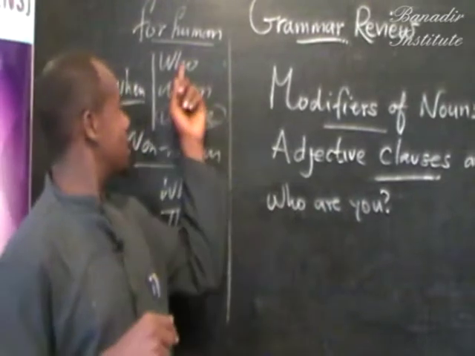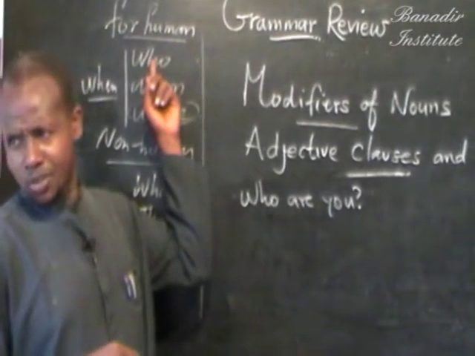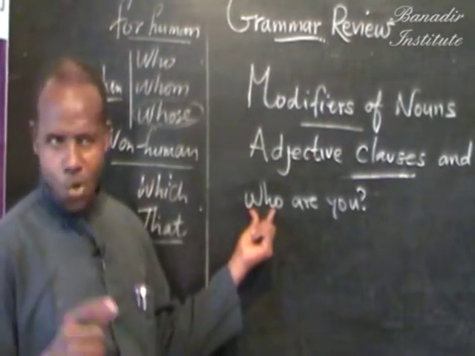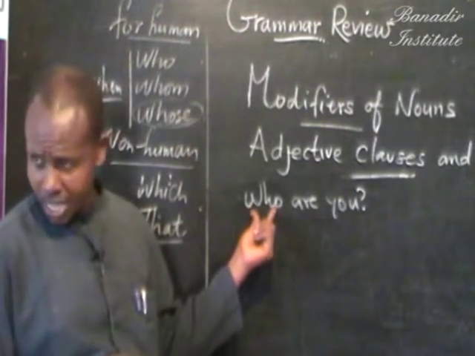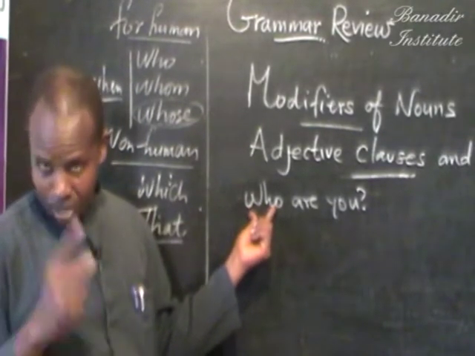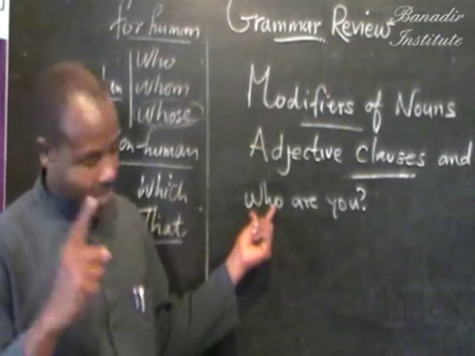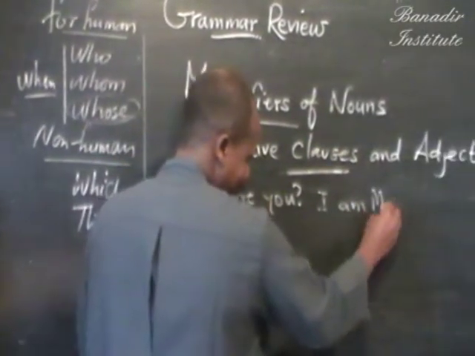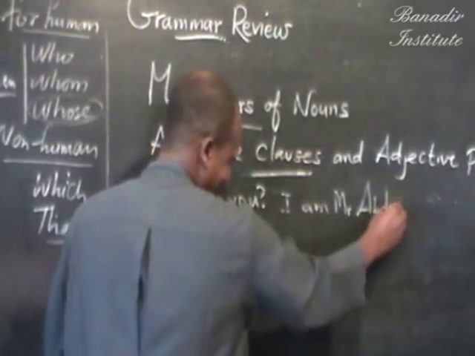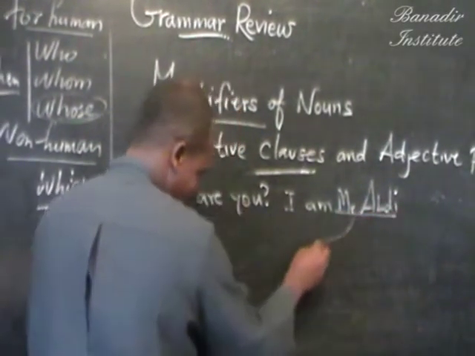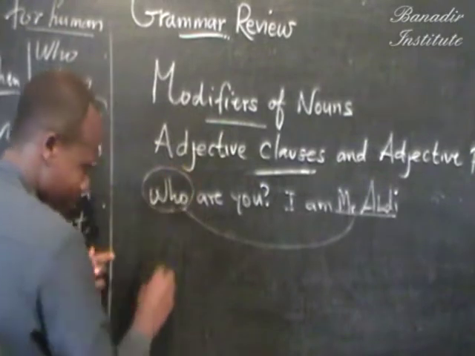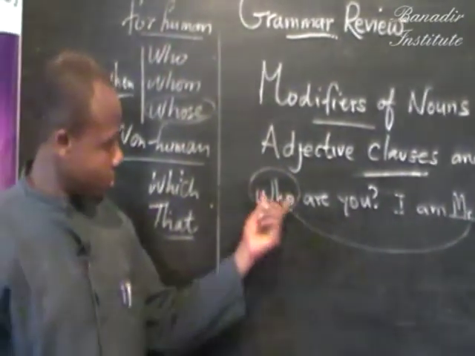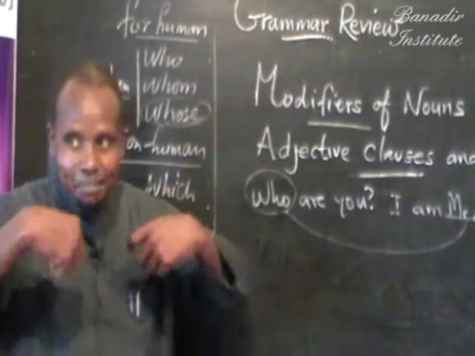Now, this who is a relative pronoun for whom, but this time is different. Who are you? Who now is a question word, because the answer will be, I am Master Abdi. Master Abdi stands for who then? Who are you? I am Master Abdi.